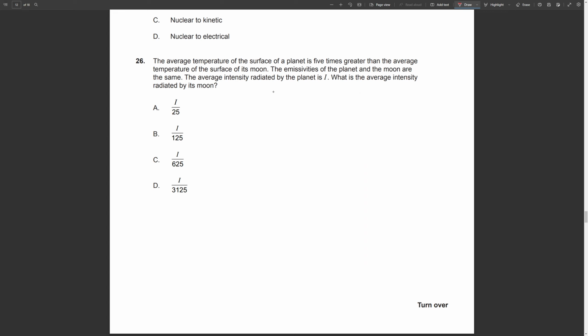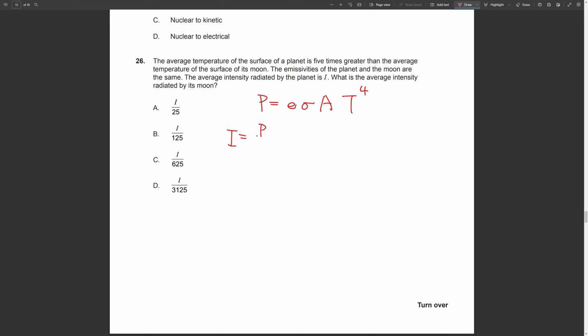Question 26. It's about its temperature and intensity relationship. Let's begin with the Stefan-Boltzmann Law. P equals e sigma A T to the power of 4. Where is the intensity? The intensity is rearranged as follows.